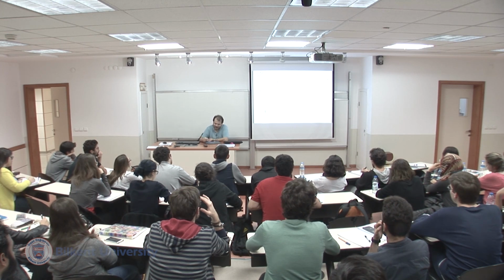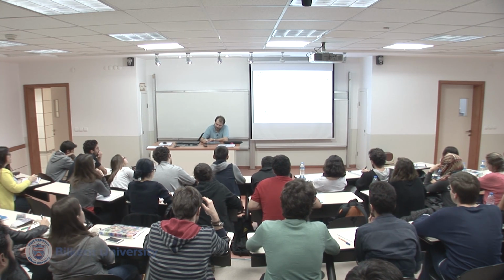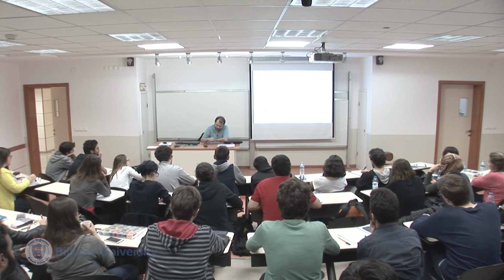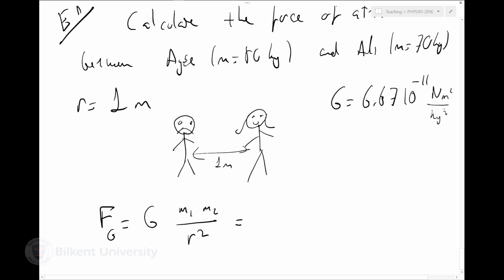Just looking at this equation, I can say it has to be Newton meter squared divided by kilogram squared. But Newton is kilogram meter per second squared. So it's meter cubed per kilogram second squared. Okay? No, I think that's correct, right?